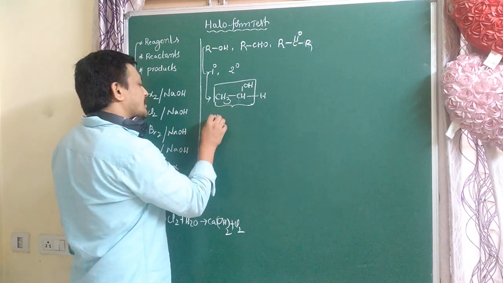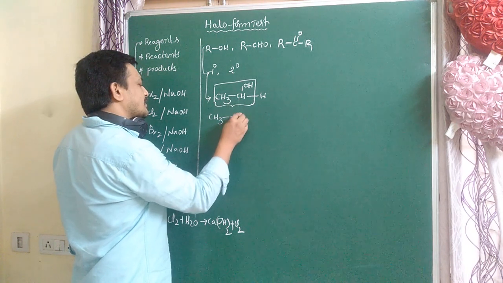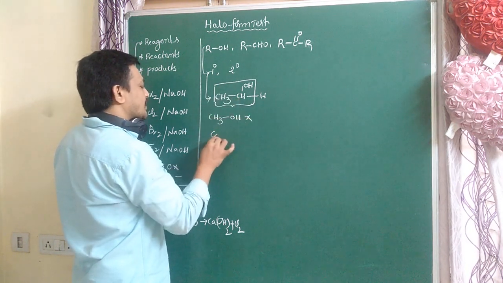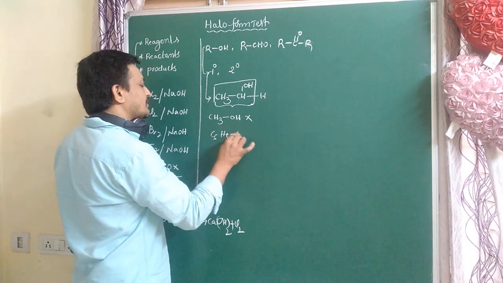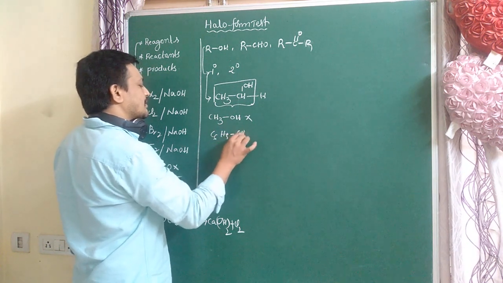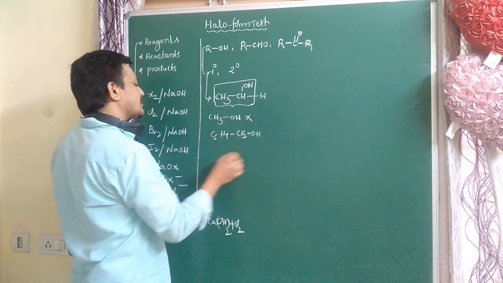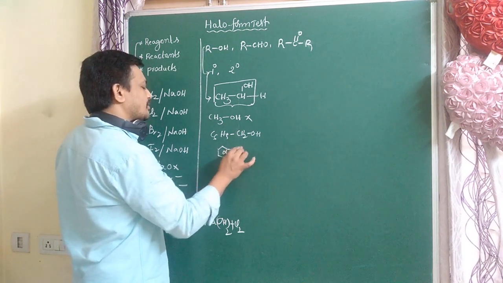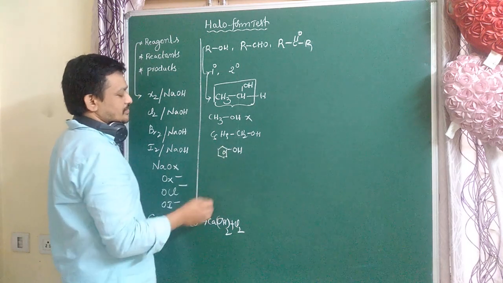So methyl alcohol is not involved in the reaction. Why? Because this type of group is absent here. Benzyl alcohol is not involved in this reaction. Phenols are not involved in this reaction. Why? Because the group is absent in these compounds.